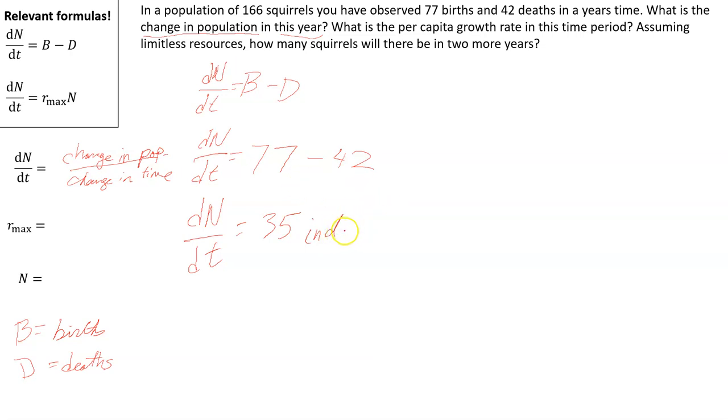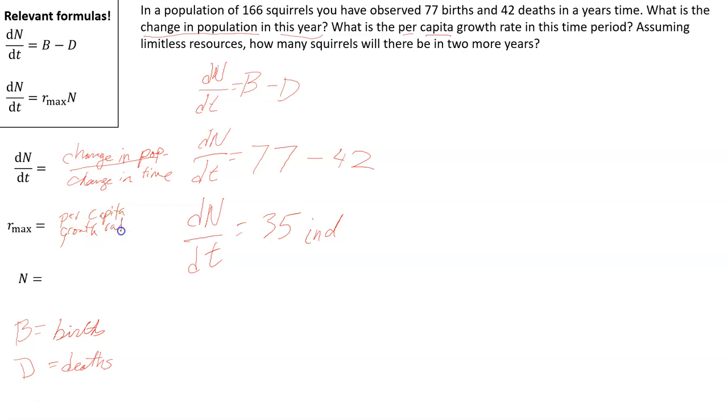35 individuals. Okay, so now we want to find out what the per capita growth rate is. Per capita is a fancy way of saying per individual. So what is the growth rate per individual? Well, that number that we're looking for is over here, r max. This is the per capita growth rate.